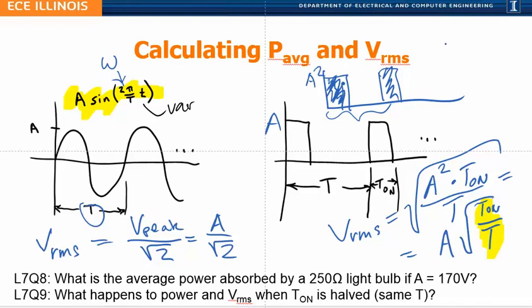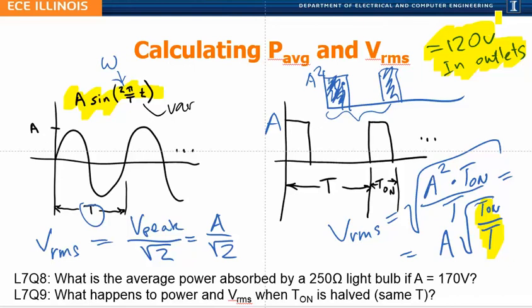So for an outlet, VRMS is 120 volts. That's in the US. Different countries have different standards. In Europe, the RMS voltage is 220 volts, for example.